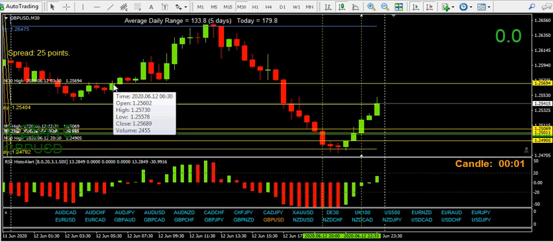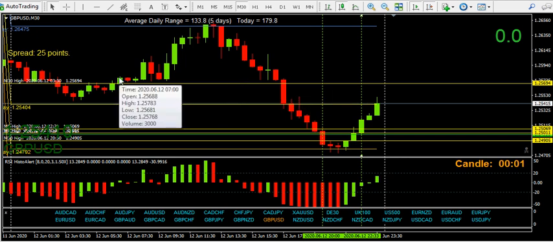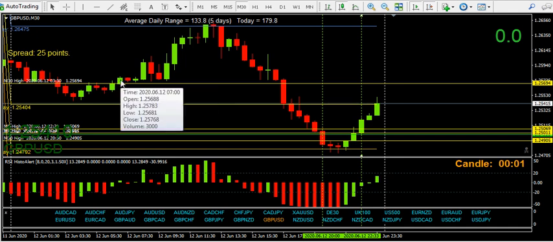Close 25689 and the level is 2569. So we didn't close. Now we need to check the open of that. Open was 25688, and as I said before, that's 9. So this wasn't the reversal. This candle's high was.